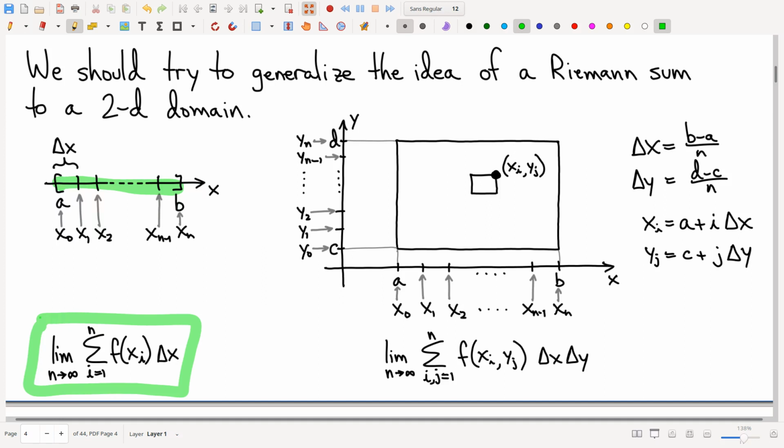For example, if this is a metal rod and we want to compute the mass, then on this little piece I would multiply mass per unit length times length. That gives me pieces of mass. I would then add up little pieces of mass, and that gives us our total mass. Notice no area anywhere in this picture.